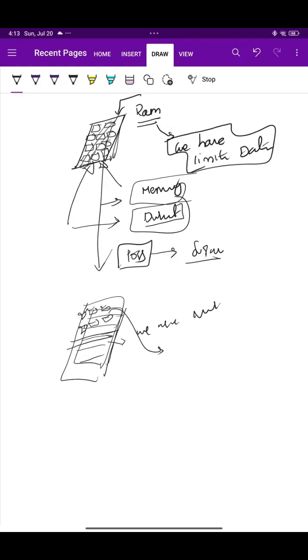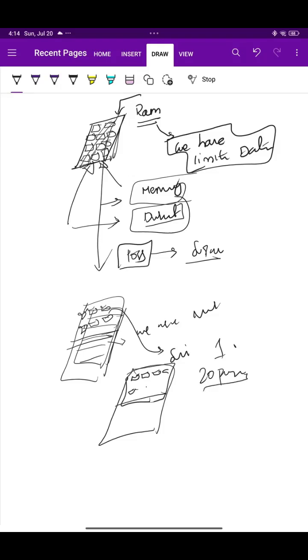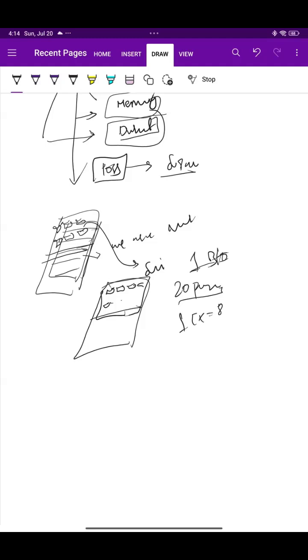We start flushing simultaneously only when, suppose, 20 pages become dirty, let us say one block is equal to 20 pages. Otherwise we can say one extent is equal to 8 pages. If one extent becomes dirty, then only I flush. Like that we delay the flushing.